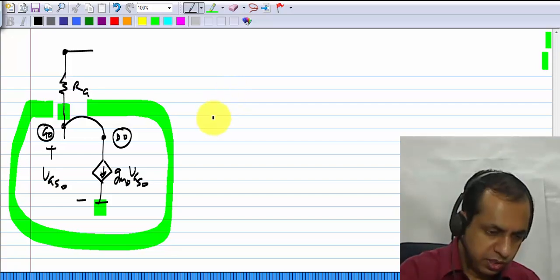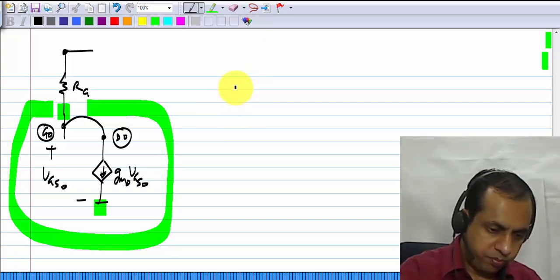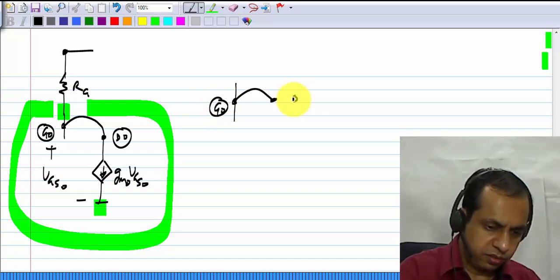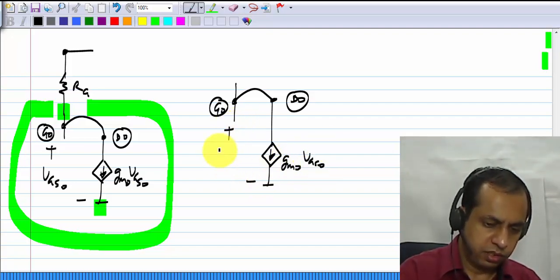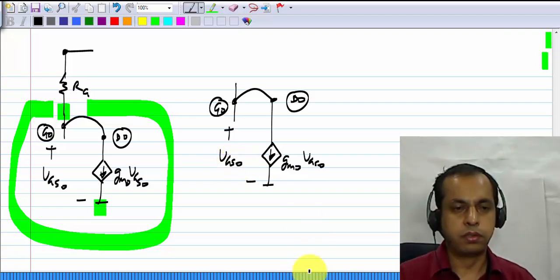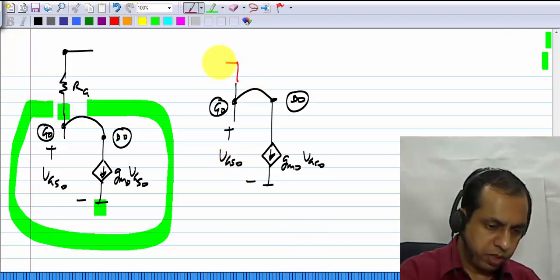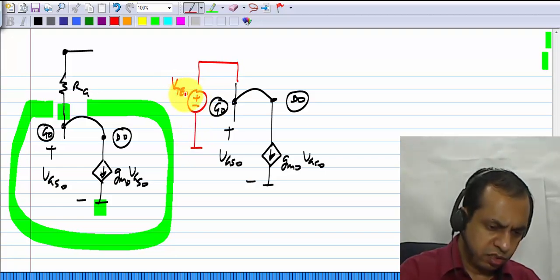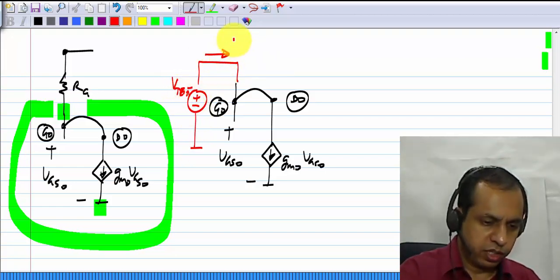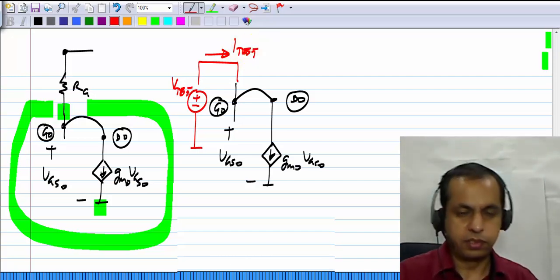So let's do this. This is G0, D0 and GM0, VGS0, where this is VGS0. Now let me apply a test voltage here, V test, and find the current flowing, I test.